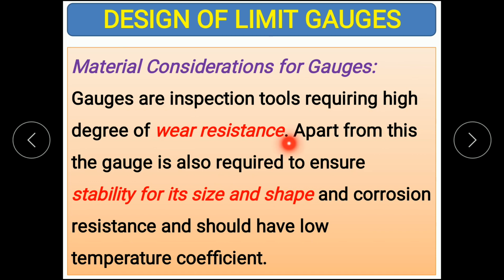Gauges need to be inserted into the parts repeatedly, so there is wear. That's why whatever material you use to manufacture the gauges should have high wear resistance. Apart from this, gauges are also required to ensure stability of size and shape, and corrosion resistance.